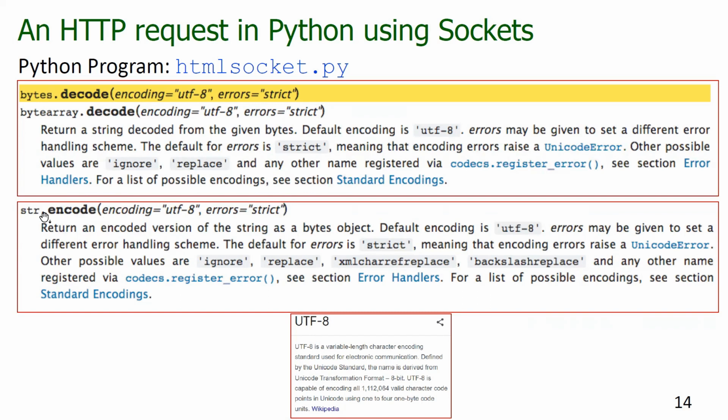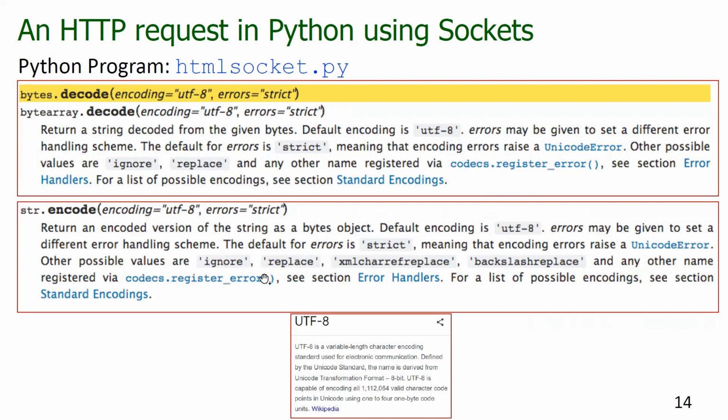Then the other method, encode. Encoding means converting our original string again. str.encode uses UTF-8 with errors as strict. It returns an encoded version of the string as a bytes object. The default encoding is UTF-8. Errors may be given to set up a different error handling scheme. The default is strict, meaning encoding errors raise a Unicode error.